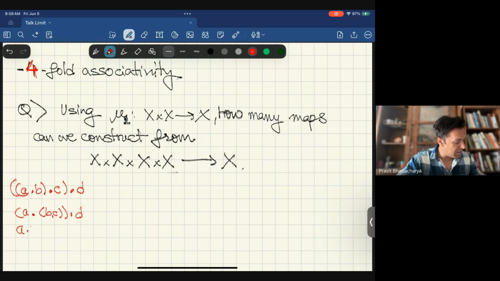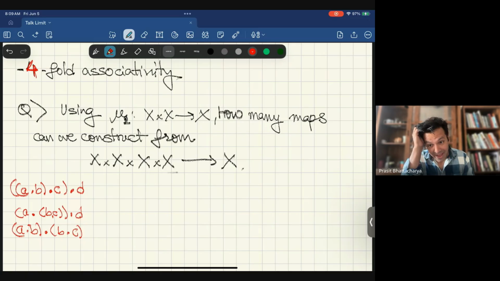You can do AB dot BC. So how many different things can you do? Any answers? Let's see who is good at counting here.